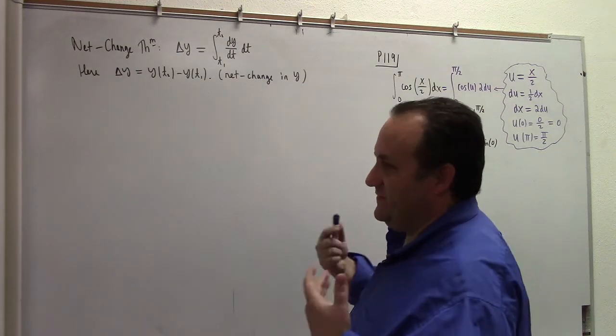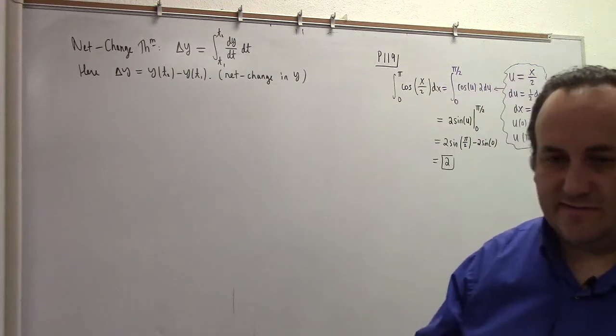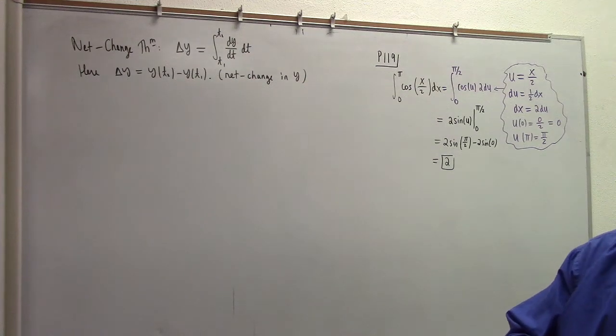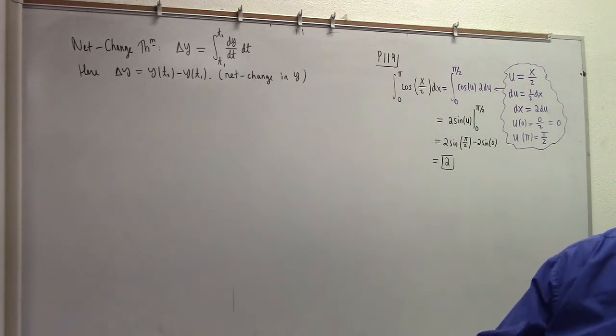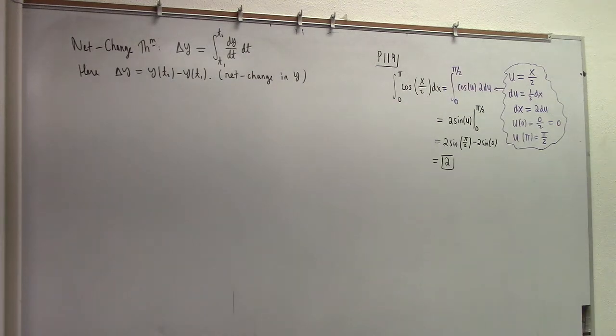So I asked you to calculate the net number of barks during a certain time period, right? And I give you the infinitesimal rate of barking. I say that the rate at which dogs bark is given by dB/dt is 10 sine of pi t over 4.